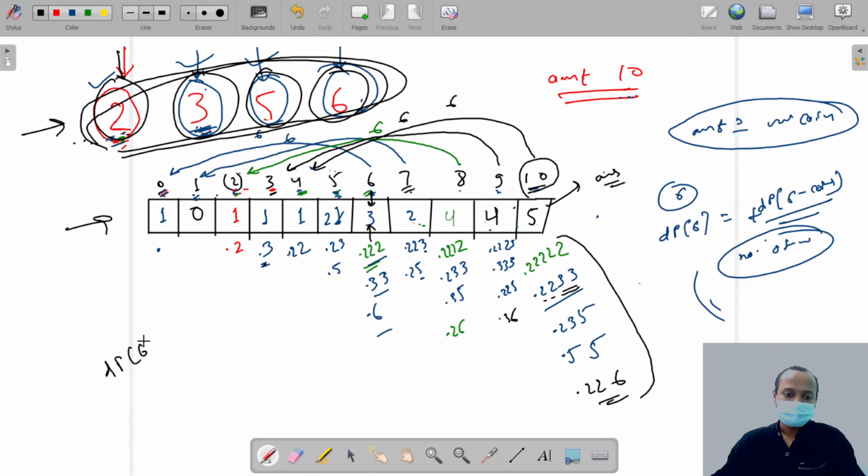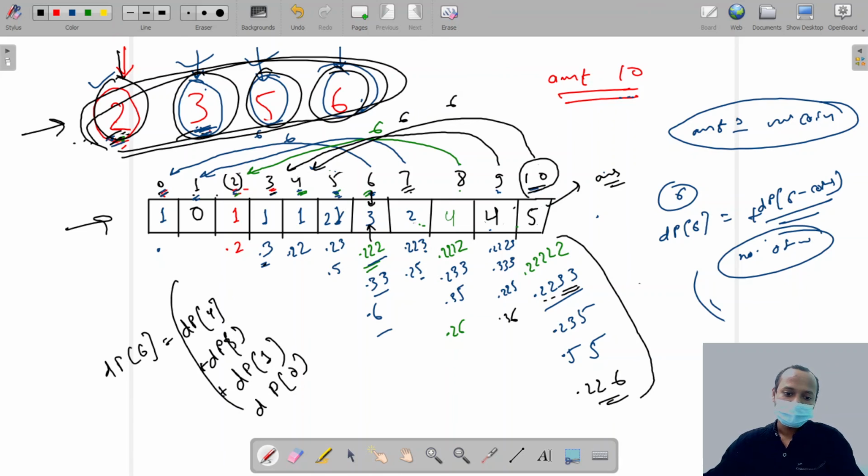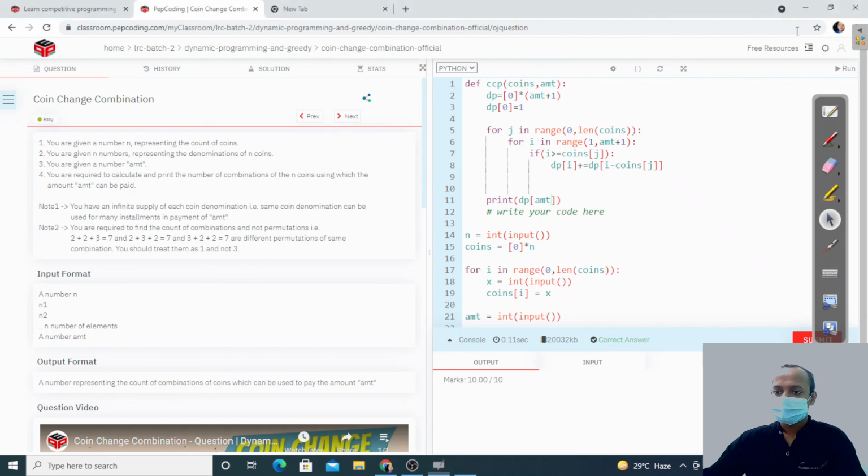If you talk about dp of 6, we add dp of 6 minus 2, which is 4, then dp of 6 minus 3, which is 3, plus dp of 6 minus 5, which is 1. So we add all these answers from the coins and store them in our dp. I hope this is clear, and this is submitted.